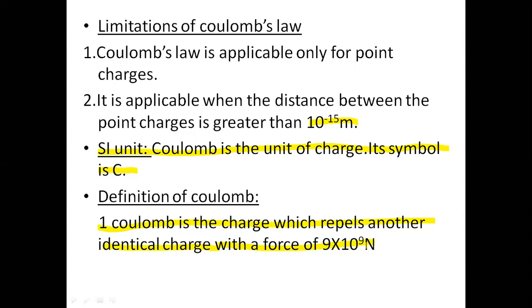If we are going to repel a 1 coulomb charge with another identical charge by applying the force of 9 into 10 raised to 9 Newton, then it is defined as 1 coulomb. So let us move on.